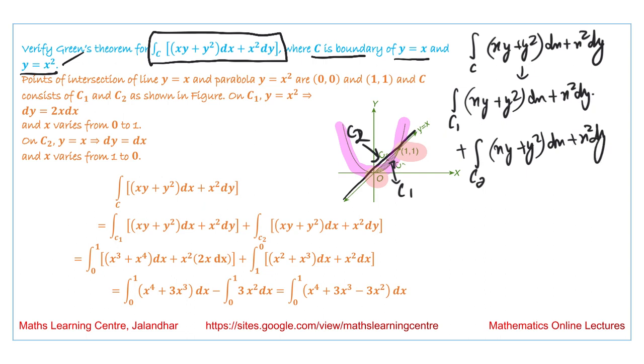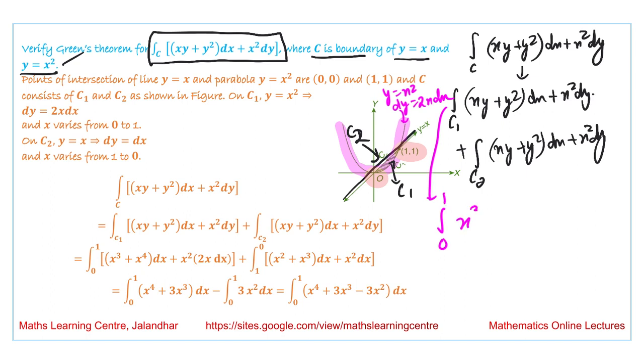Now if we look at both these curves, the equation of the curve C1 is y is equal to x square. So we have dy is equal to 2x dx. In place of y we write x square, and for this curve C1, x varies from 0 to 1.